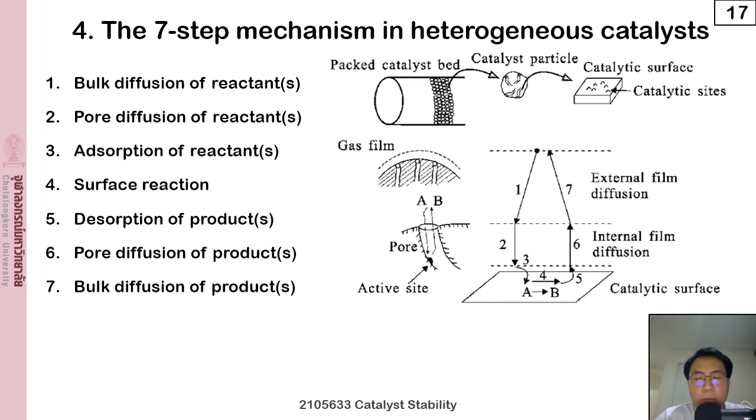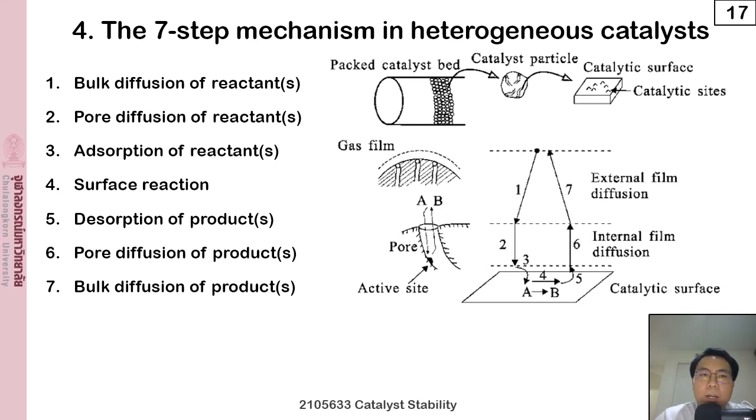When it goes into the pore and contacts the active site where the reaction occurs, it starts to adsorb. Steps 3, 4, and 5 happen on the active site. After it adsorbs, it reacts in the reaction which we desire, step 4.